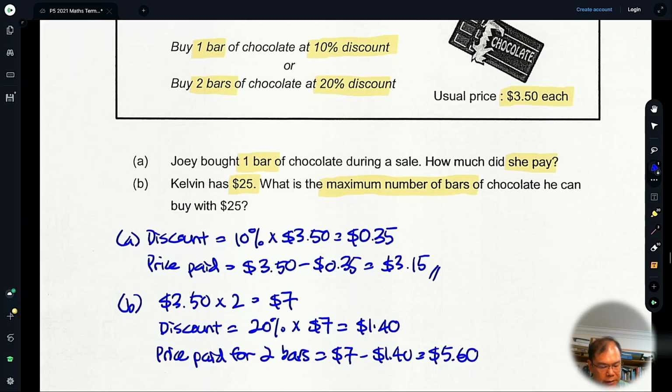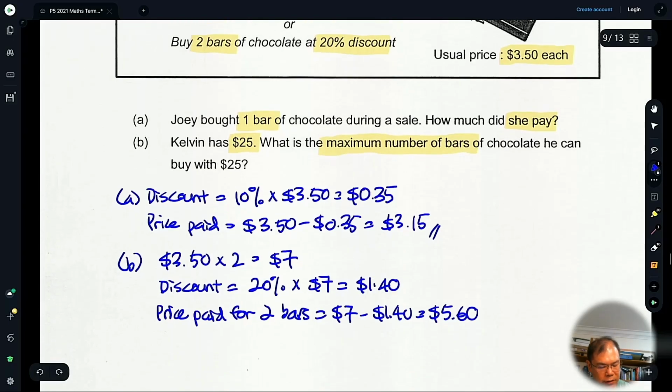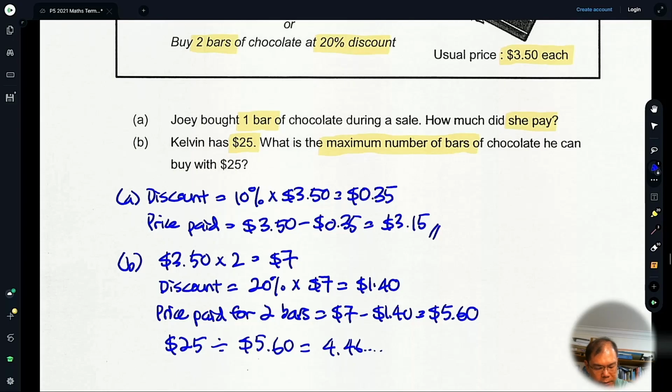So in this case, Kelvin has $25. Now, how many sets of 2 bars can he buy? So I divide it by $5.60. I will get 4.46 something on the calculator, right?